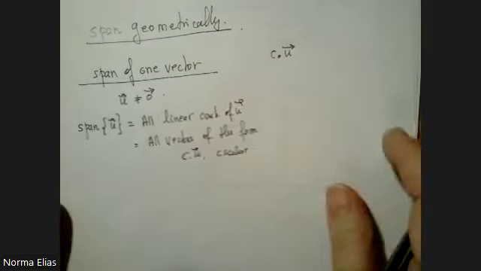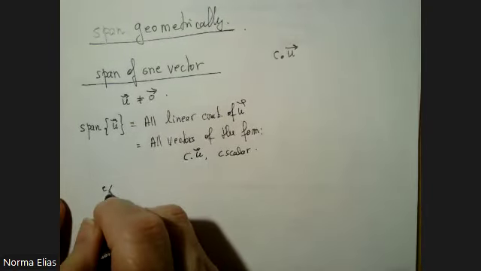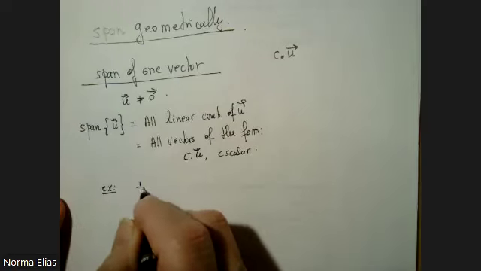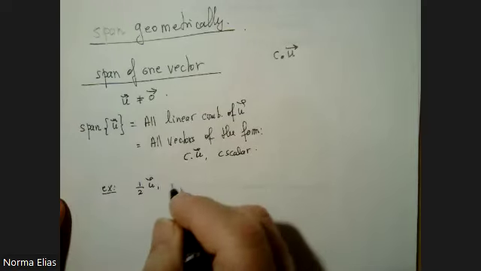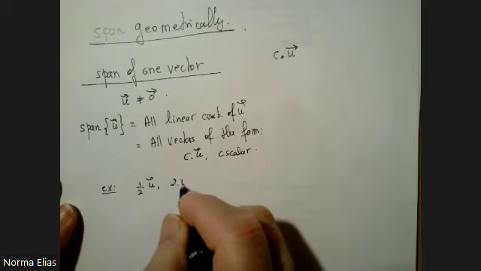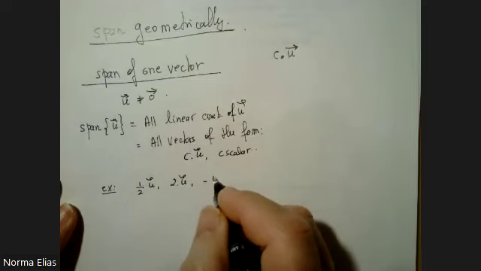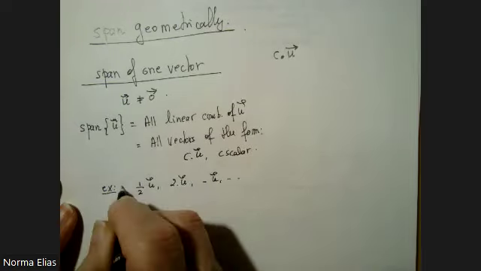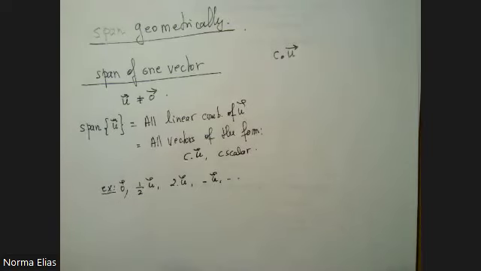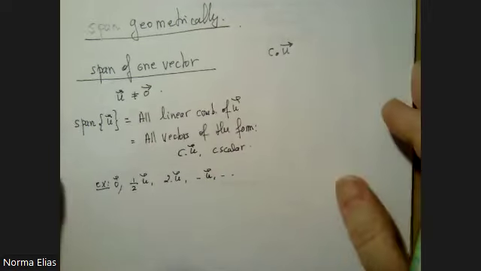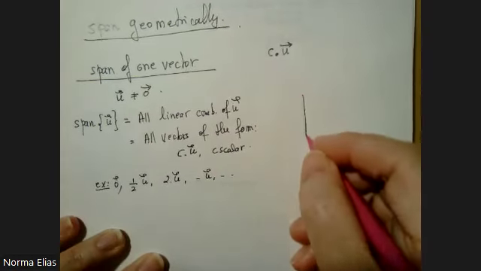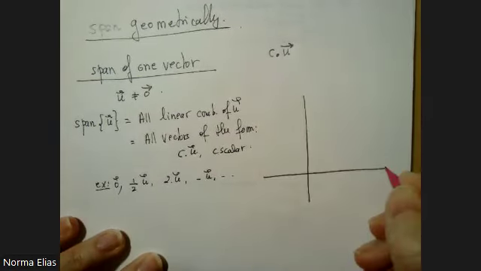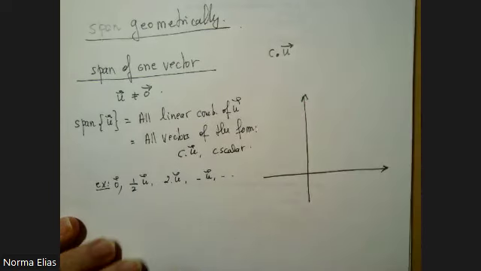So for example, before we do the geometry, which is going to be easy. For example, have u, these are vectors in the span, 2u, minus u, and of course the 0 vector, because the 0 vector can be written as 0 times u. So now let us sketch the span. So assume my vector is in R2, in R3 it will be the same.